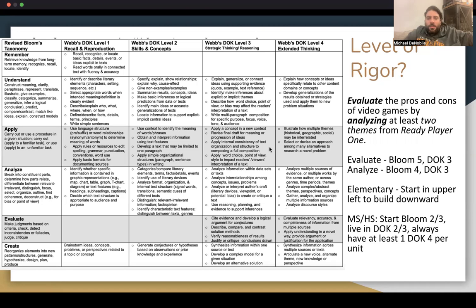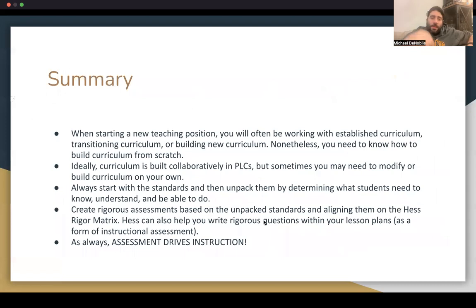Middle school and high school, you're living in the middle and striving for the bottom right corner. And you always want to have at least one DOK 4 per unit. You really want to push your students at least one time per unit into that level 4 DOK.